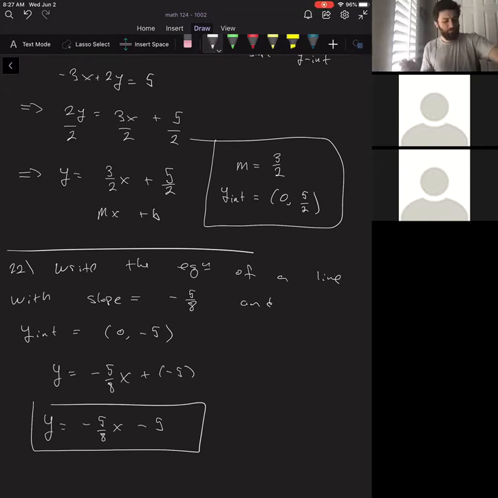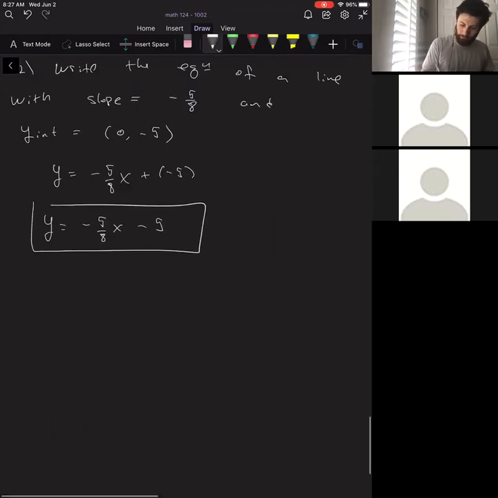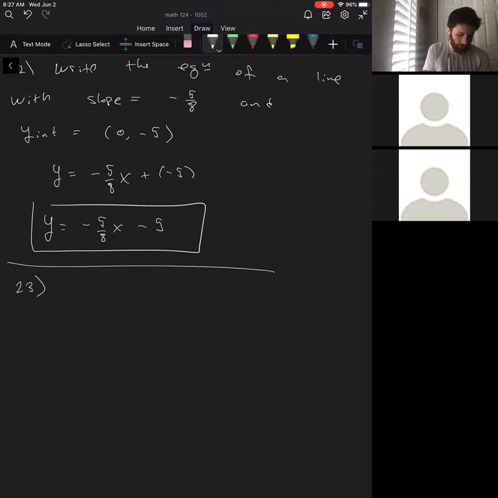Okay, let's see. Oh, let's do 23 as well. So 23 says we want to write the equation of a line that passes through these 2 points.